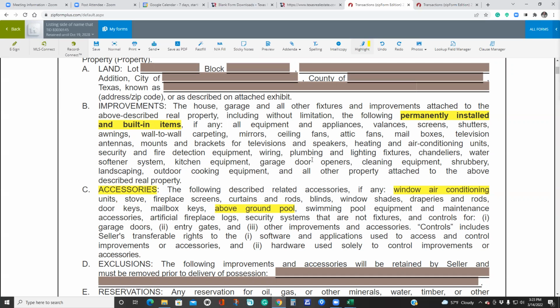And they will leave the deck and take the pool. You know, today the deck probably costs more than the pool did, but they'll leave the deck and take the pool. So again, we need to have that conversation. What's going on with this, right? So we don't have any problems, both on the listing side and on the buyer side.